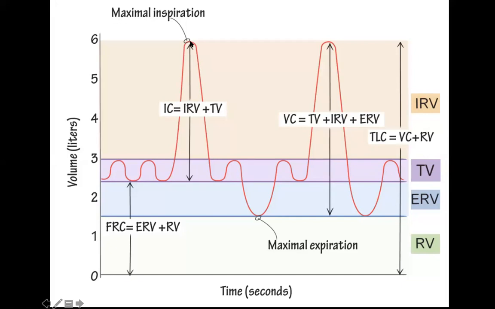The deep inspiration is inspiratory reserve volume: the tidal volume plus the maximum inspiration. Once you've taken a deep inspiration, you then blow out to normal and go beyond to maximum expiration.